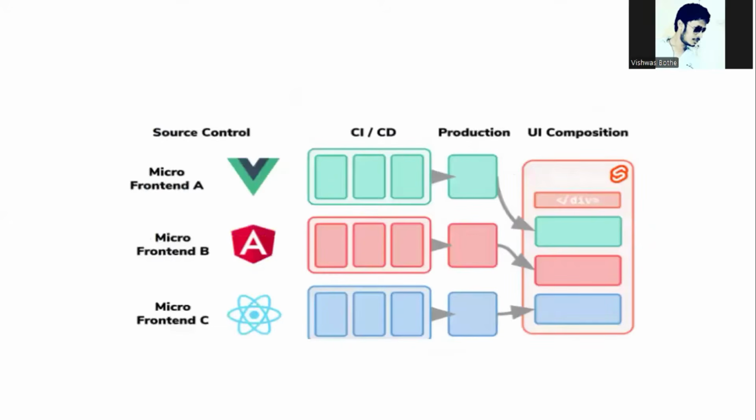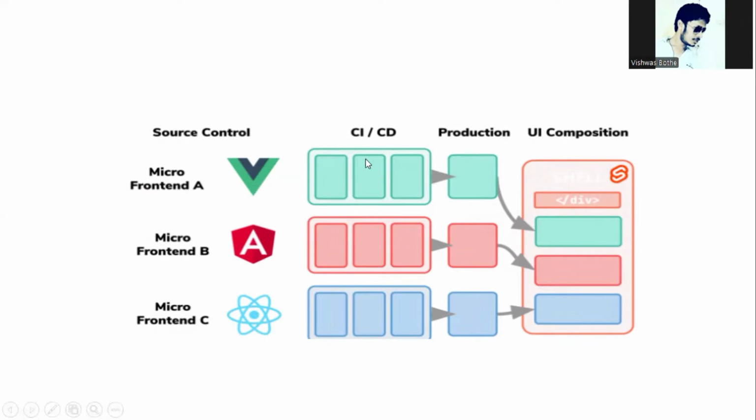Now, further to understand the detail, most of the things are the same as the previous diagram, but if you look here, all three different micro frontends can use a different technology. That means micro frontend A or module A can go with Vue.js, the second module can go with AngularJS, and the third module can go with React.